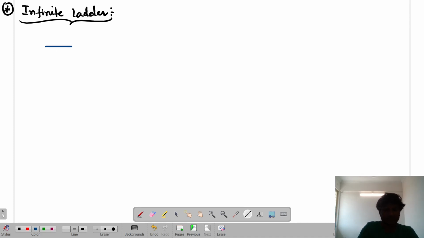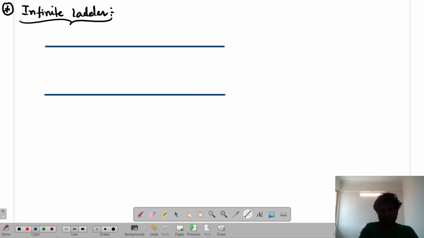It says like, let's suppose it goes like this way. The ladder goes till infinity, isn't it?